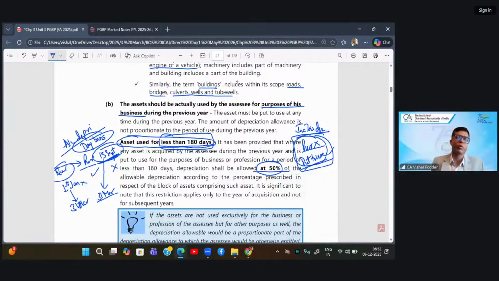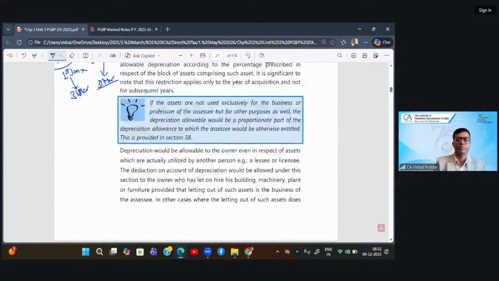But if the period of put to use in the year of purchase is less than 180 days, you will take half. 50% does not mean the rate of depreciation is 50%. Rate may be 10, 15, 20, 25, 40, whatever. You will take half of that rate.